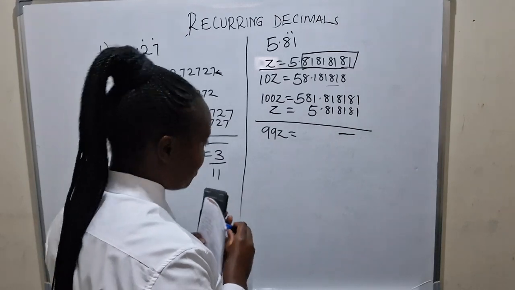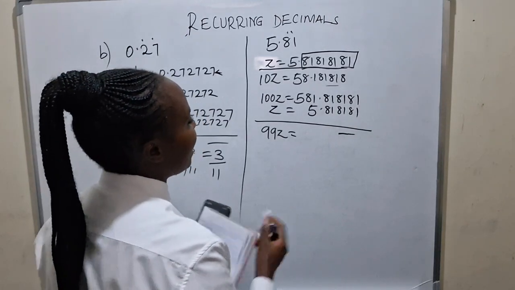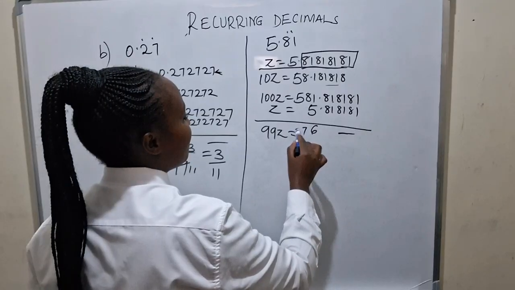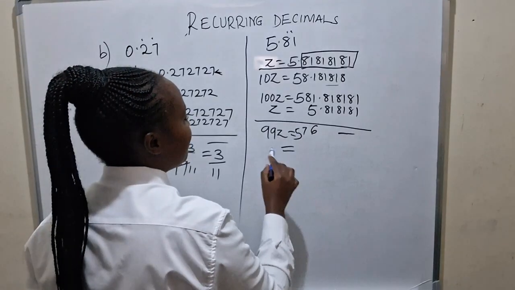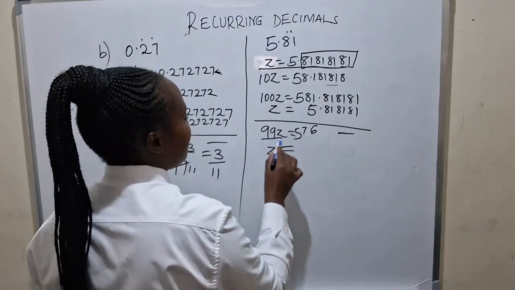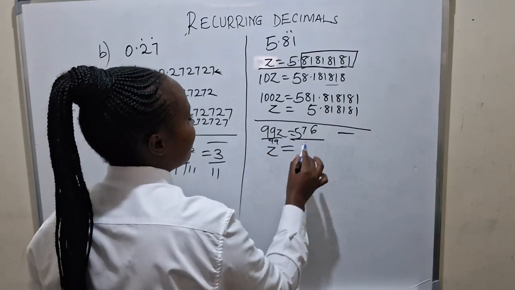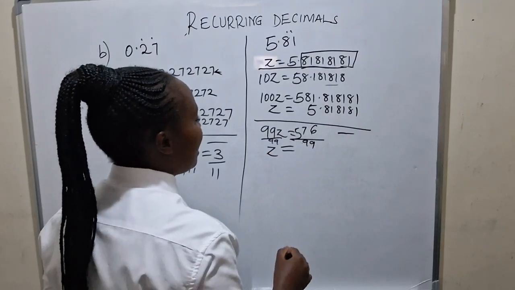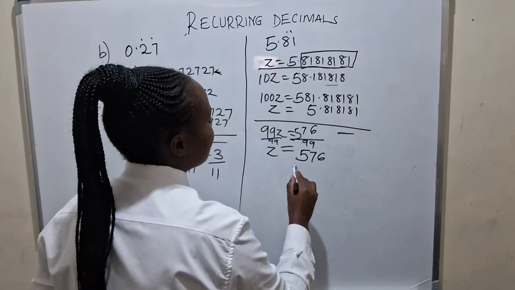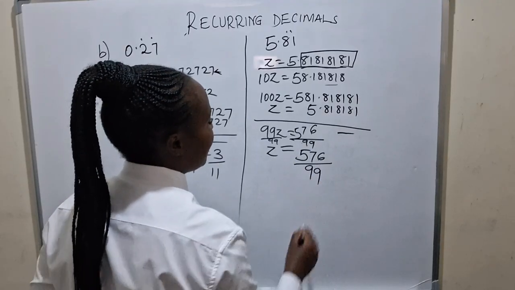So 581, we subtract 5, we carry 1 here, 11 minus 5 is 6, then 7, then 5. So I can say that my z is now, divide both sides by 99, and you'll find that your z is now 576 divided by 99.